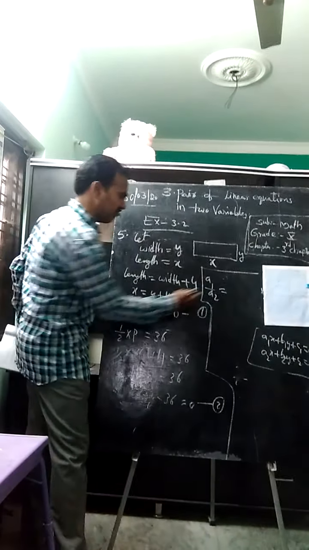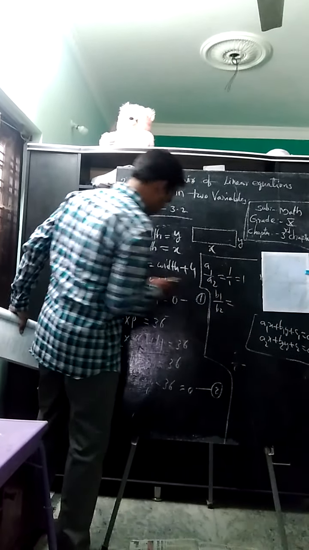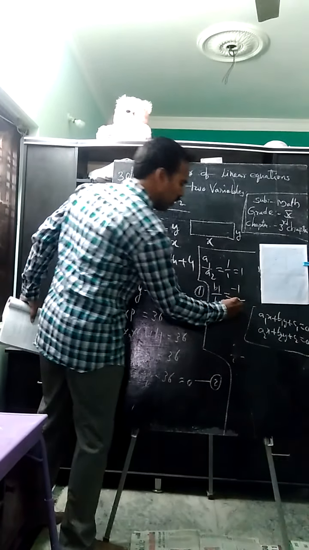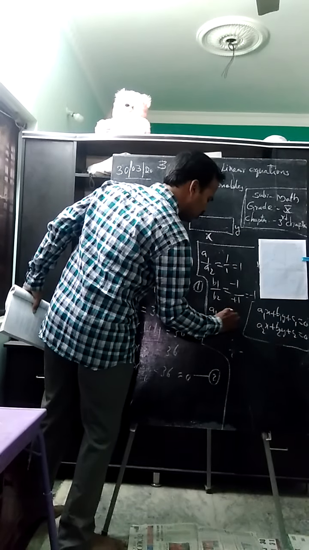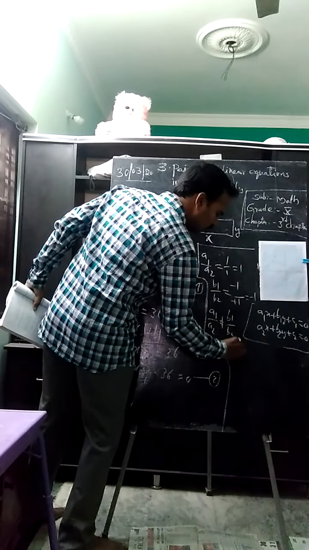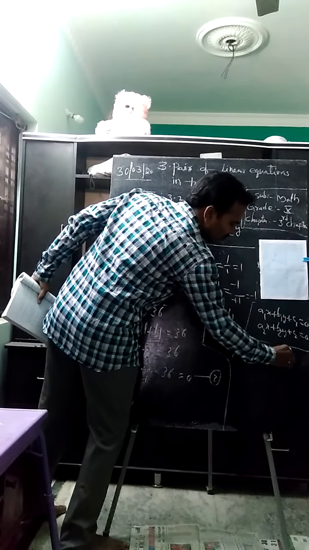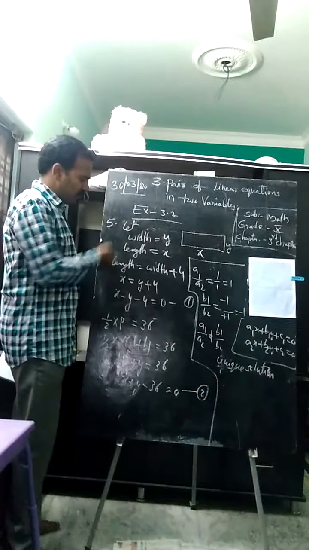If you compare the x coefficients, 1 by 1, that is 1. b1 by b2 equals minus 1 by plus 1, so minus 1. a1 by a2 is not equal to b1 by b2. So 100% unique solution. So we have to find the unique solution. Unique solution is nothing but if you get x, that is length, and y is width. So that we need to find.